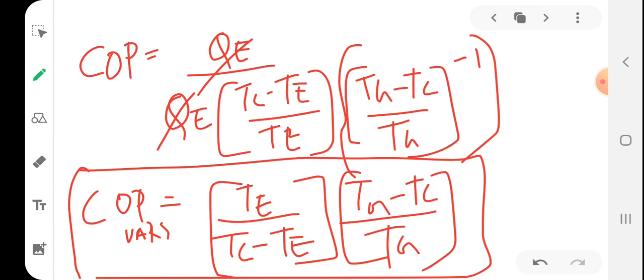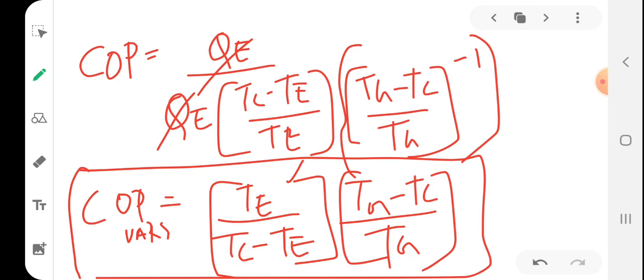So students, while examining this particular expression, you can see that this first term resembles the expression for COP in case of a reverse Carnot cycle, a refrigeration system working on a reverse Carnot cycle, which looks like T2 by (T2 minus T1), right?